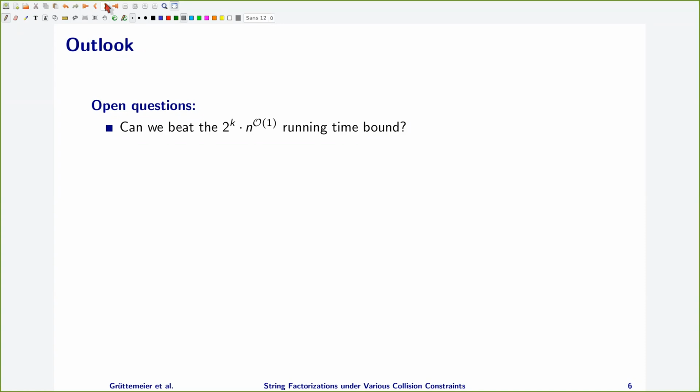So far, this reduction to the graph problem abstracts away from the string, and to get better, you would really need to exploit the properties of the string problem. It would also be interesting to have a better kernel for this equality-free string factorization. The current kernel has a quadratic size, and it's trivial, but coming up with a linear one is not so easy.